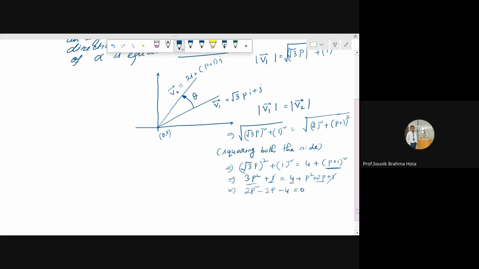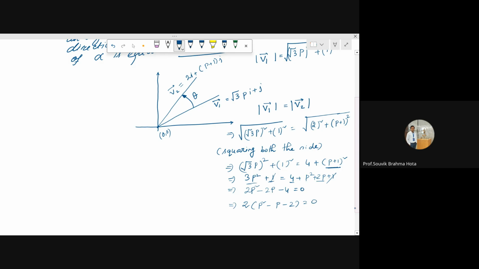Just rearrange it, then take 2 common. So p square minus p minus 2 is equal to 0, because this 2 will go to that side.